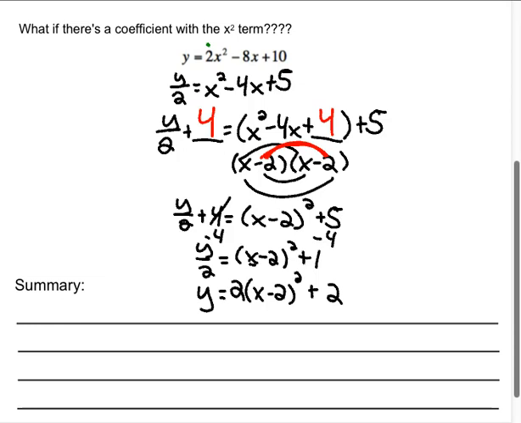Notice it left the inside alone, because you wouldn't multiply the 2 everywhere. That 2 I'm just going to leave out front. Just like that. So that's how you can still do this process even when the x squared has a coefficient. Divide the coefficient off, do what you need to do, and then in the end you just have to be careful with getting the y back by itself again.